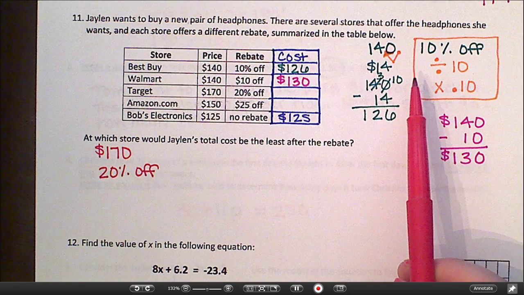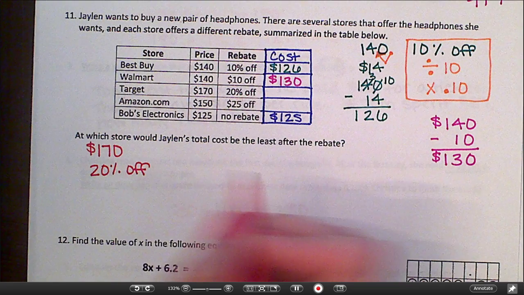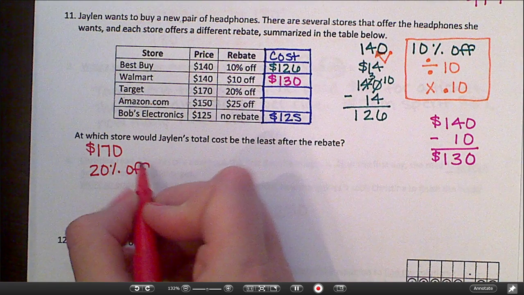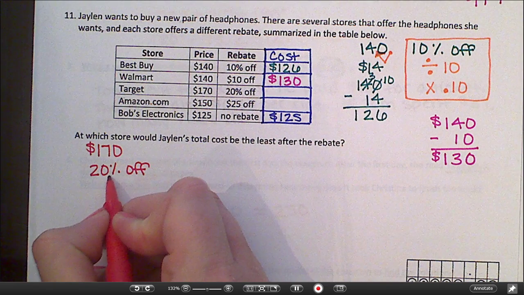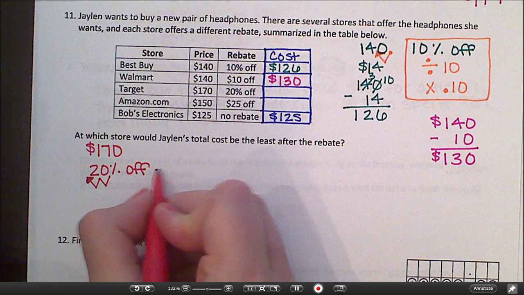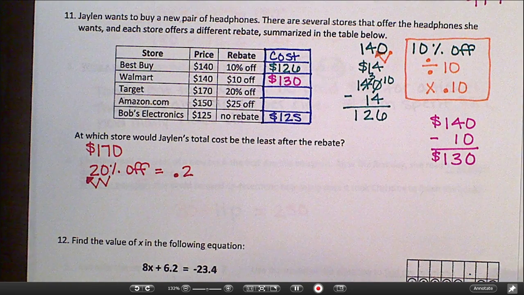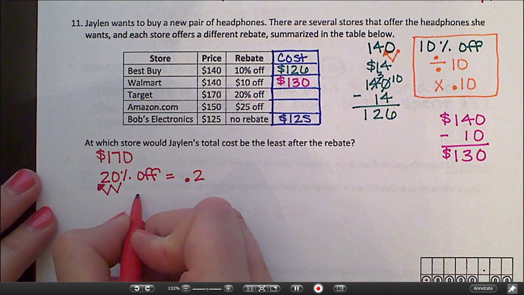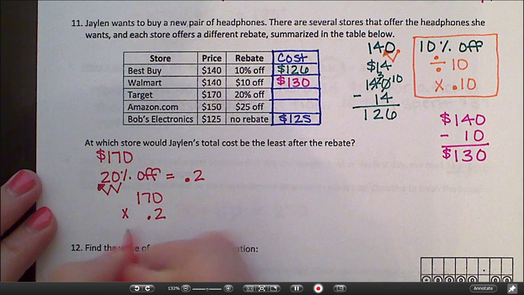That's only for 10%, which means that I need to figure out what 20% of $170 is. If I change this to a decimal, that's the same as multiplying by 0.2. So $170 times 0.2.